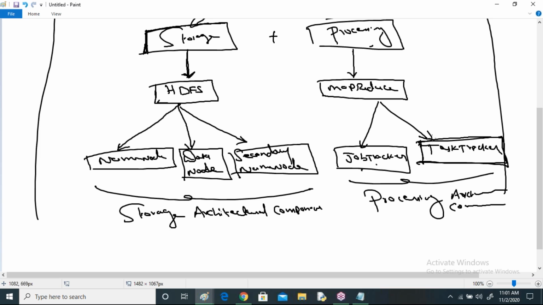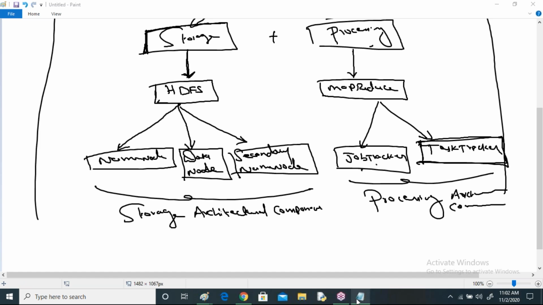Instead, you get resource manager, node manager, and other things. Storage architectural components, processing architectural components. Anything processing related is taken care of by processing architectural components, and storage related by this.